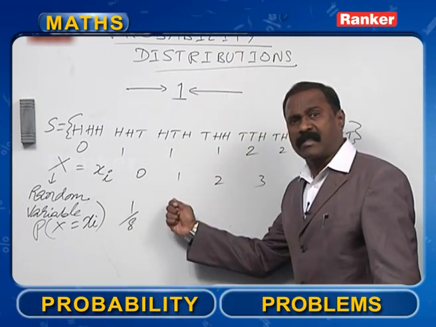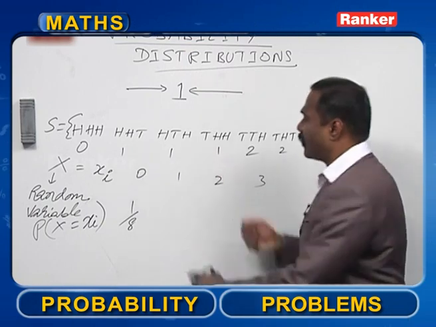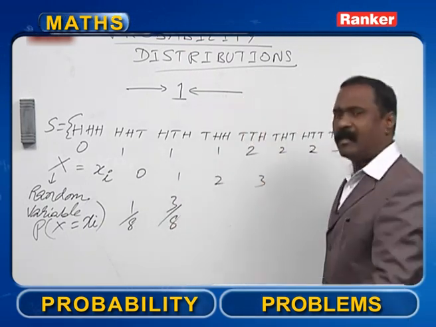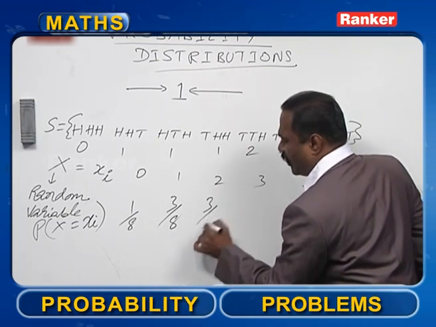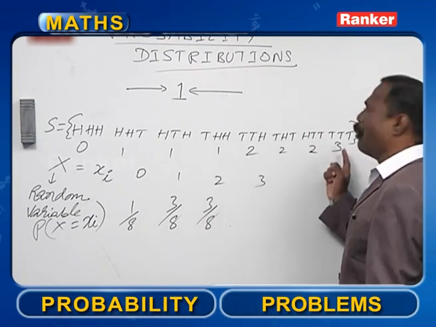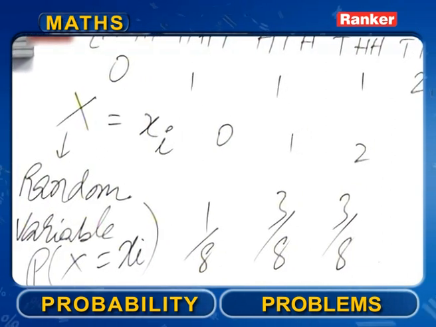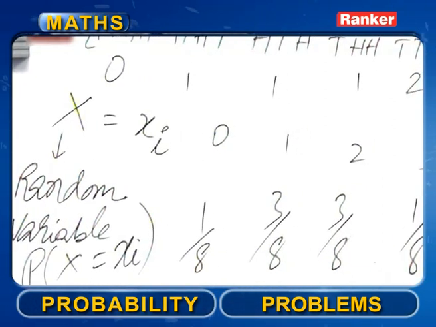Getting 1 success, favorable are 3 and total is 8. Getting 2 successes, favorable are 3, total is 8. Getting all successes, it's only 1 by 8.